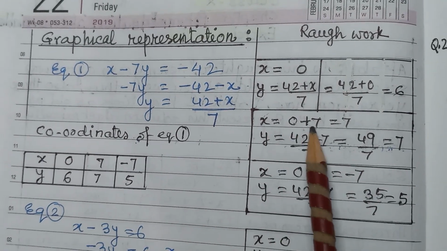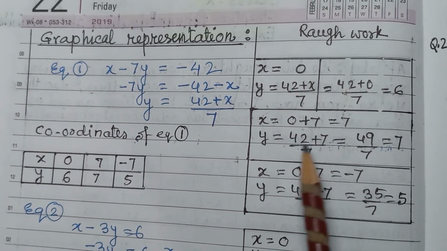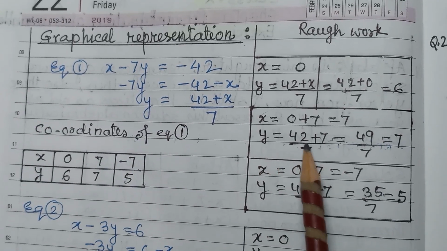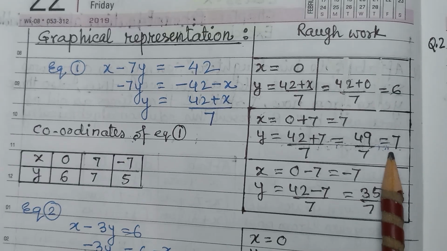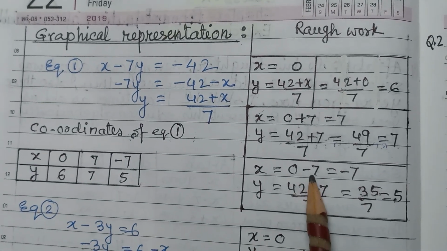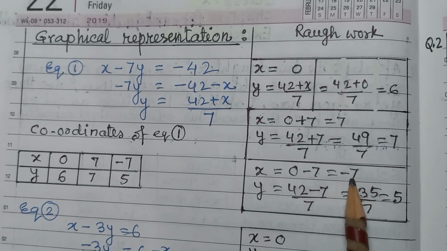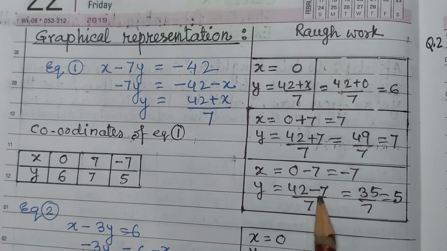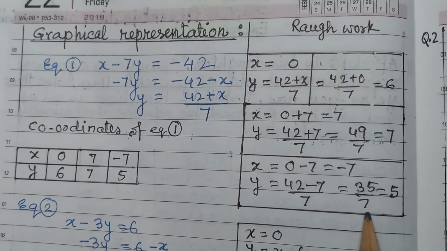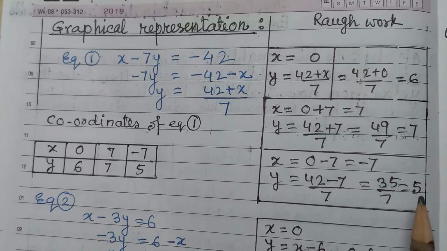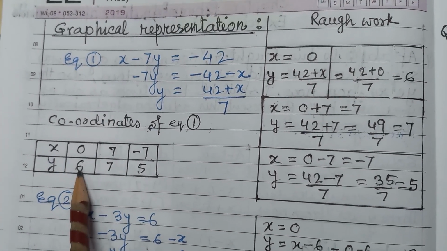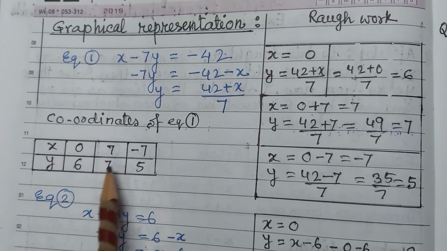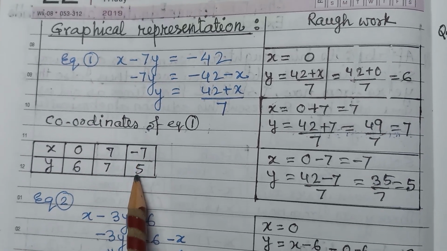So x is equal to 0 plus 7 is equal to 7, and y is equal to 42 plus 7 upon 7, it is 49 upon 7, it is 7. For x equal to minus 7, it is 42 minus 7 upon 7, it is 35 upon 7 is equal to 5. So we have got all the coordinates: when x equals 0, y is 6; x is 7, y is 7; x is minus 7, y is 5.